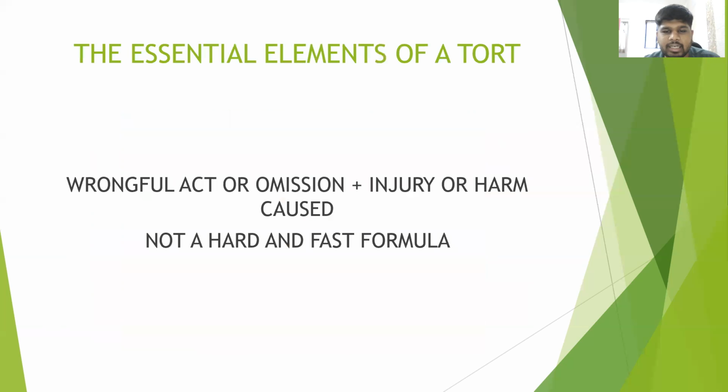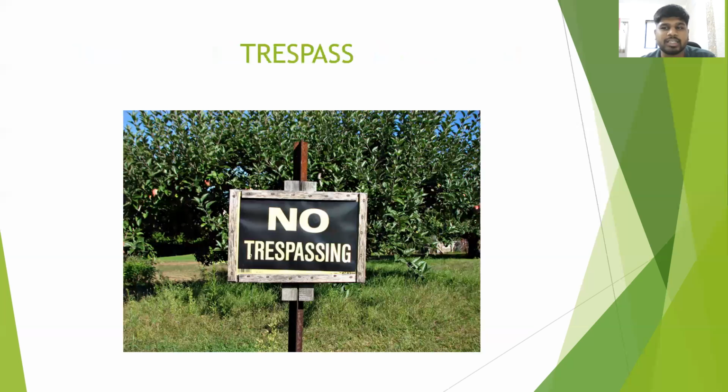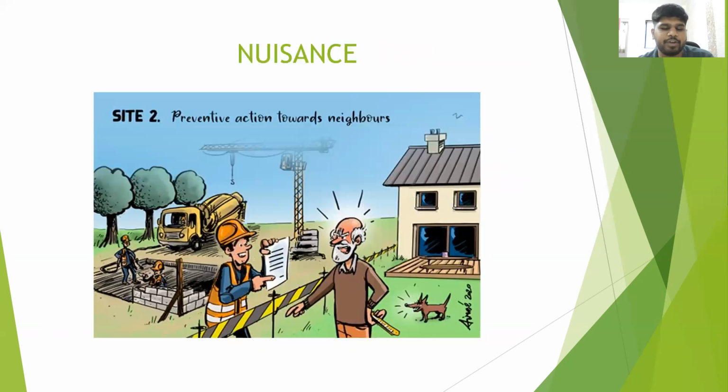And what is the injury or harm caused here? It also means, what is the legal right which is being infringed upon? The legal right that is being infringed upon here is the residents' right to enjoy a peaceful environment.